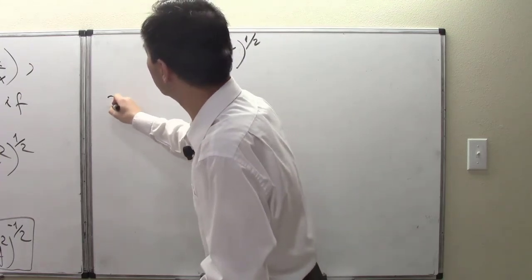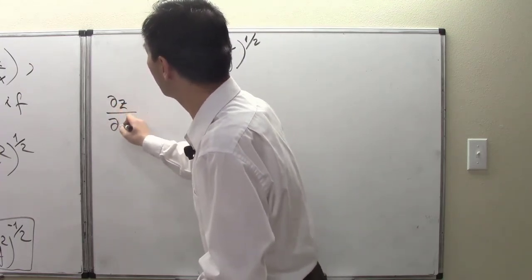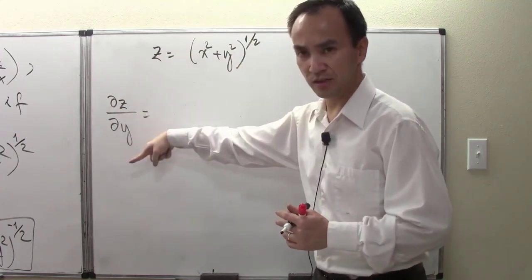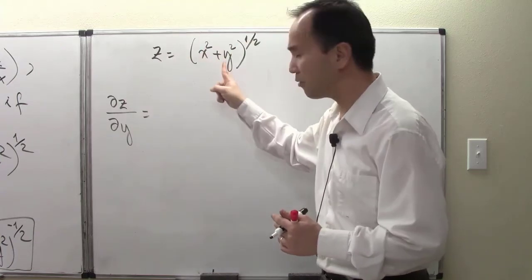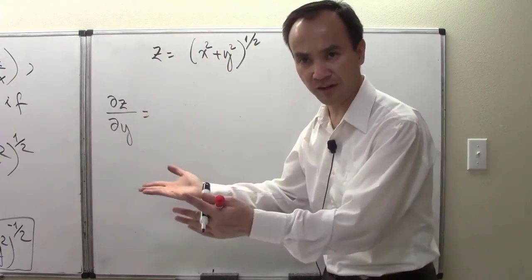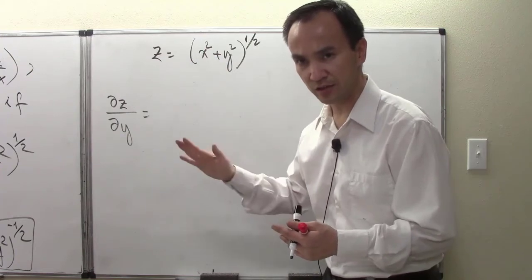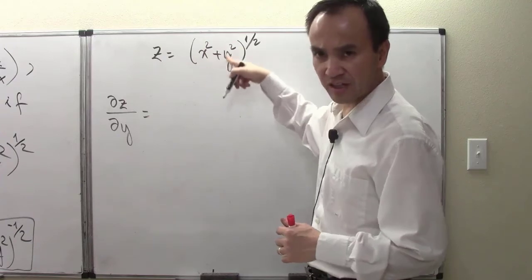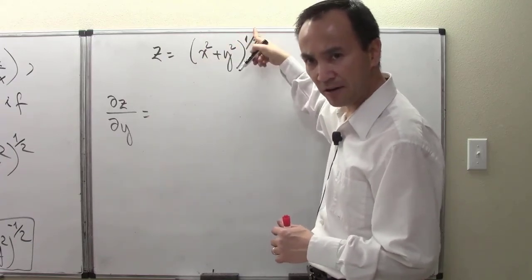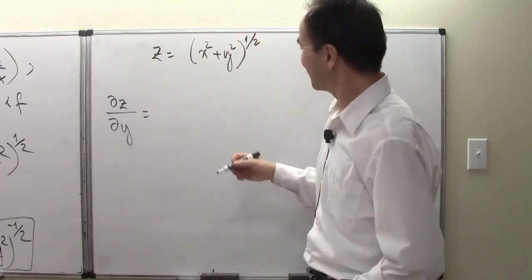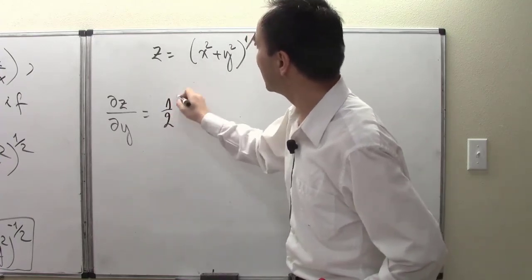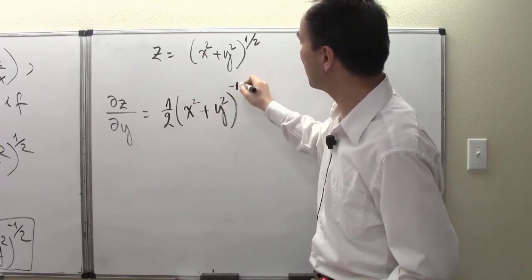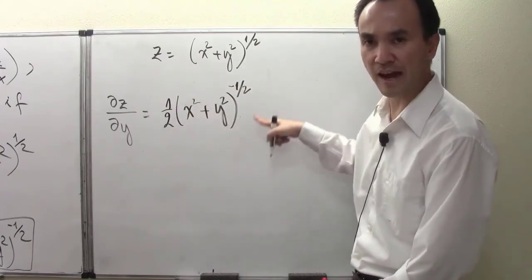So when we take dz/dy, this symbol instructs my mind to focus only on the y variable as the main independent variable. Everything else is a constant coefficient. But the function in terms of y is inside of this 1/2 power, so chain rule applies again. I'm going to look at 1/2 times x squared plus y squared to the negative 1/2 power, because this is the derivative of the outside function.